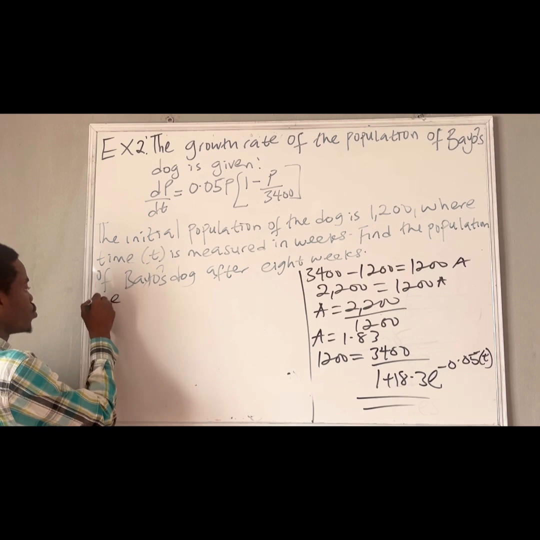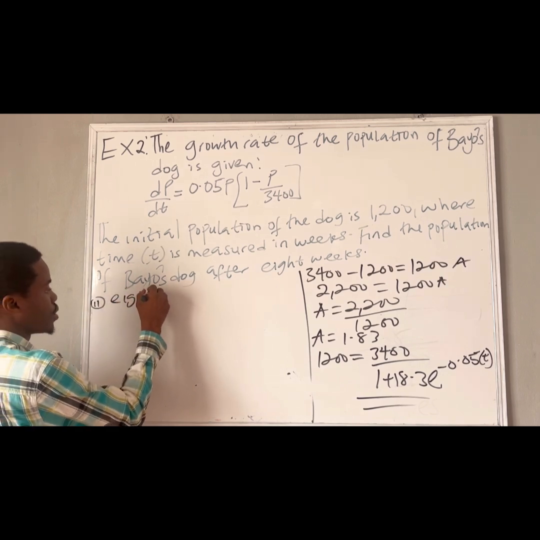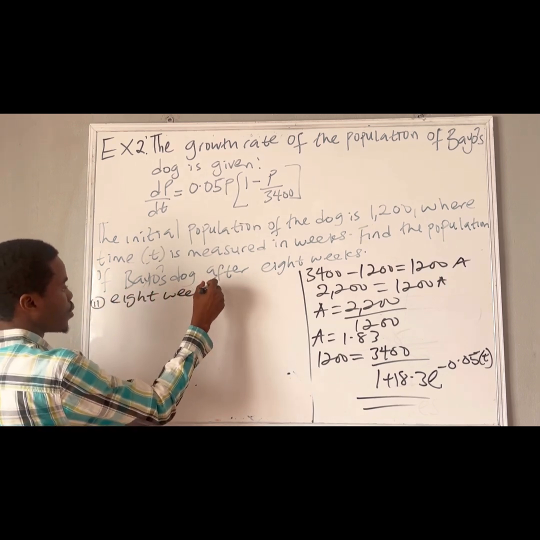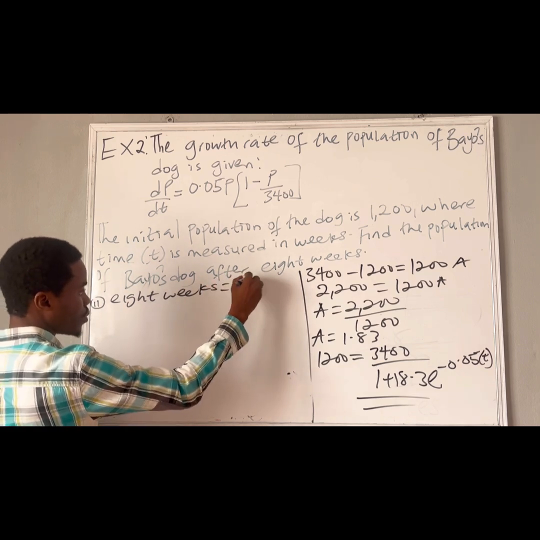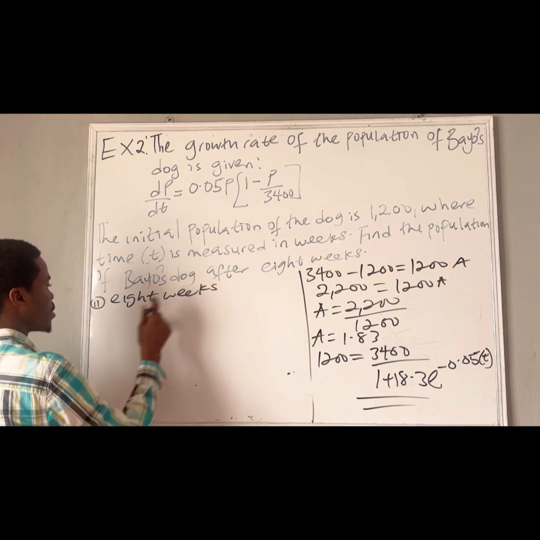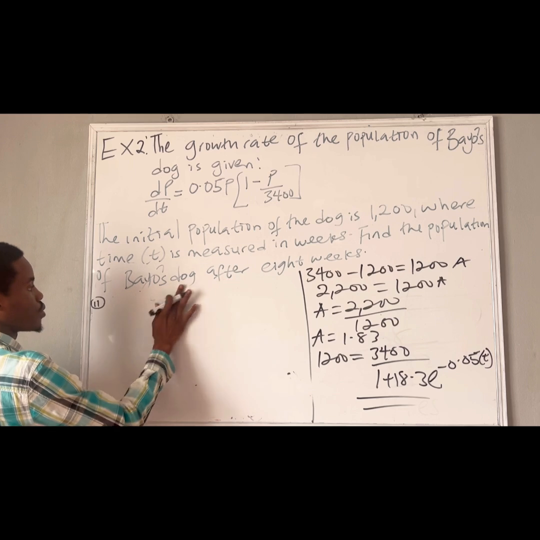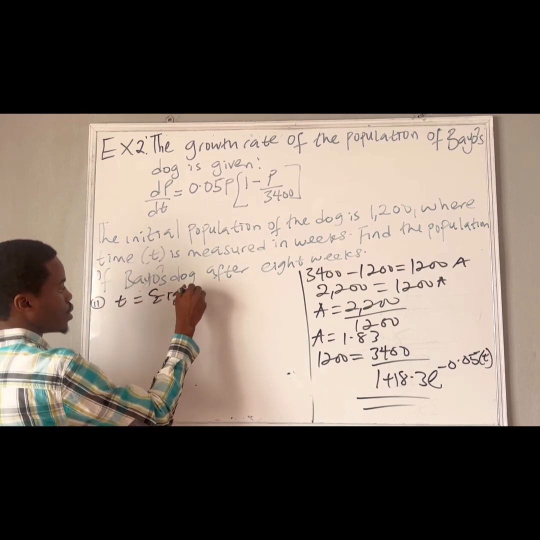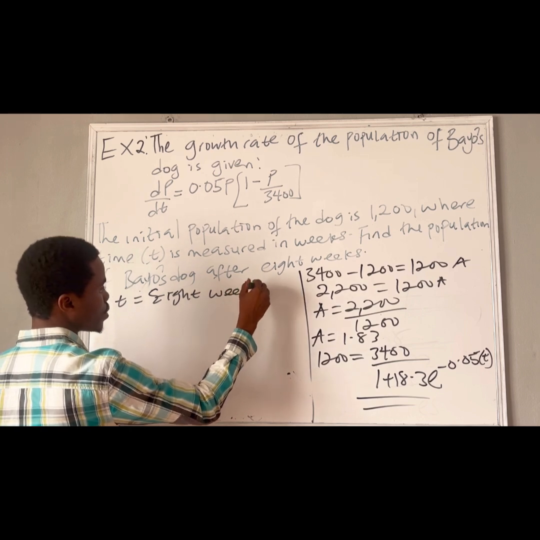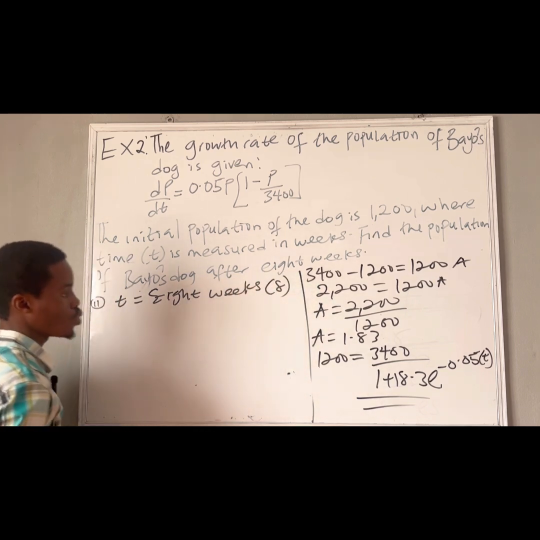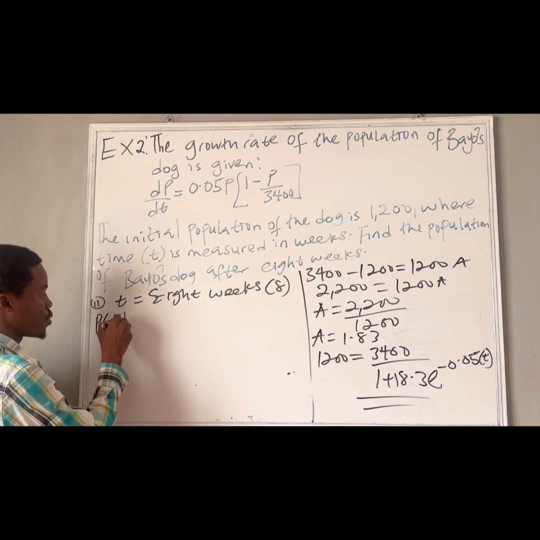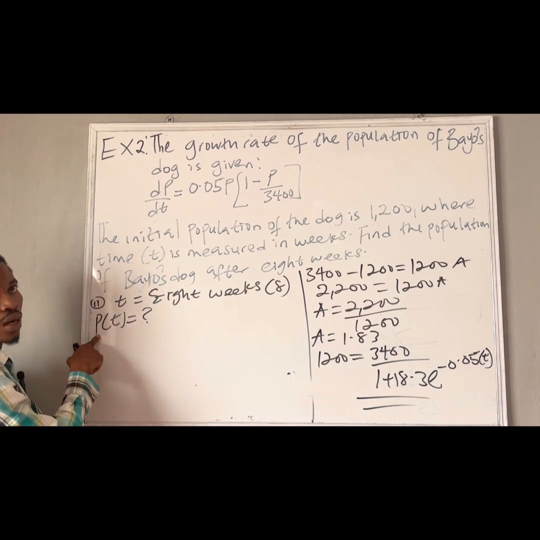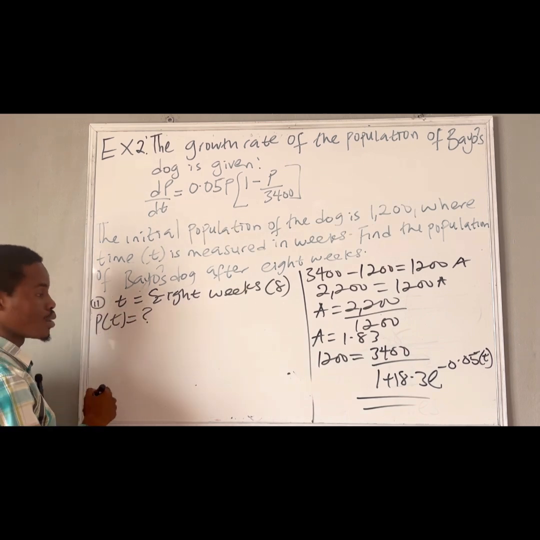8 weeks, that's our time. T is equal to 8 weeks. So our P of t we are not given, so we have to calculate the population at that time.